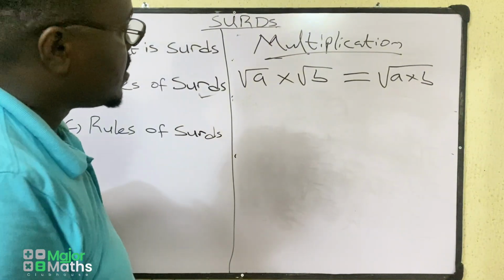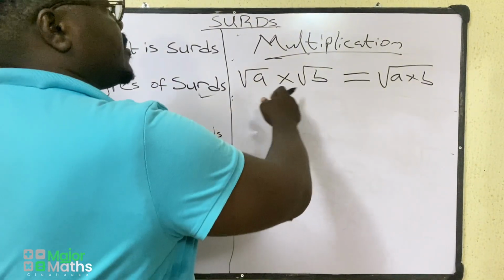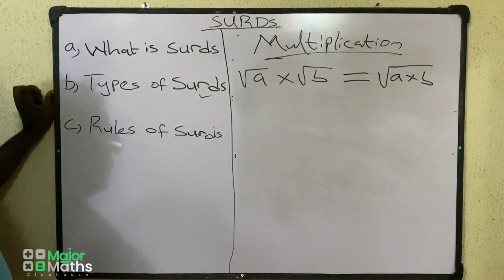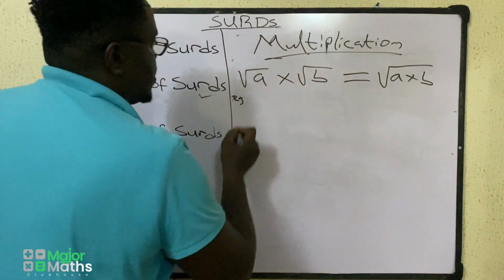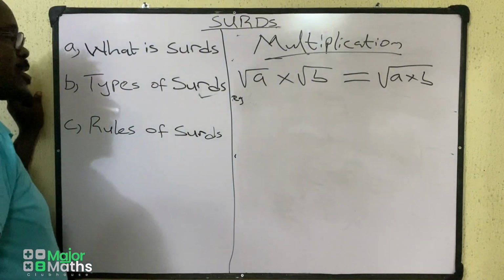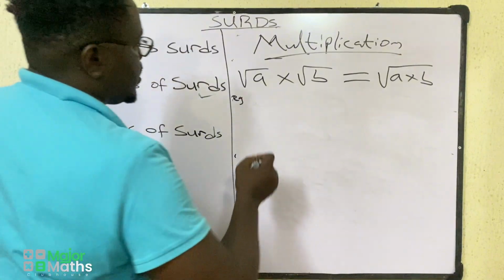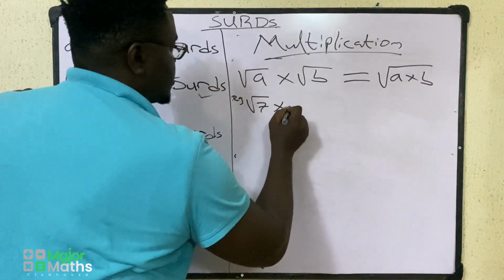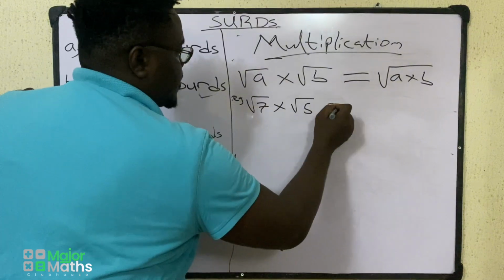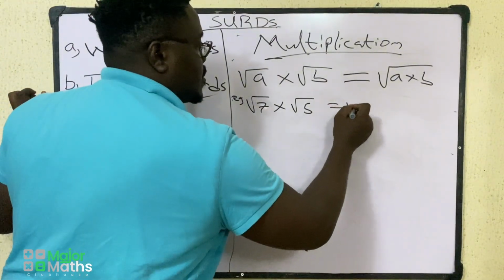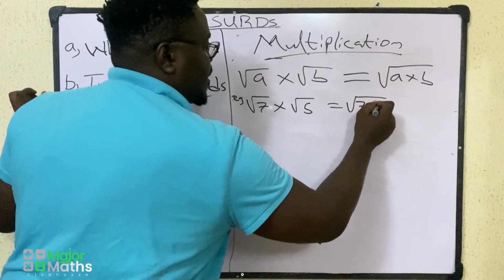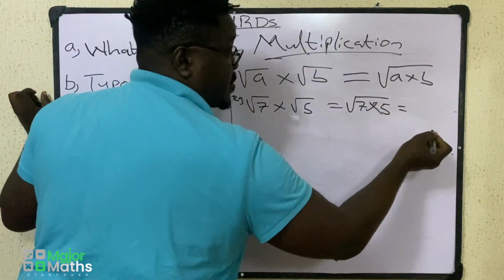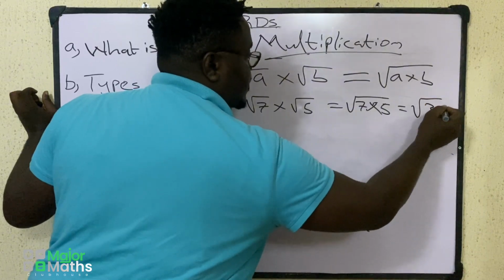No. So root A times root B is equal to root A times B. For example, root 7 times root 5 will give you root 7 times 5, which should give you what? 7 times 5 is root 35.